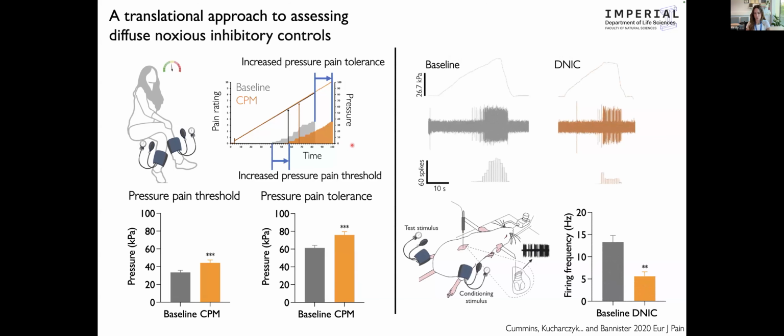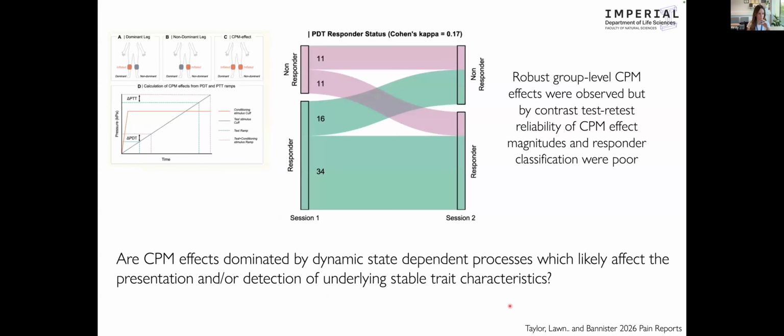We already showed that we get these really nice neuronal correlates of those perceptual outcomes in our animals when we apply identical test and conditioning stimuli, just like we do with offset analgesia and onset hyperalgesia. So we have very nice translational paradigms that allow us to interrogate the spinal neuronal processes that underpin those perceptual outputs in humans.